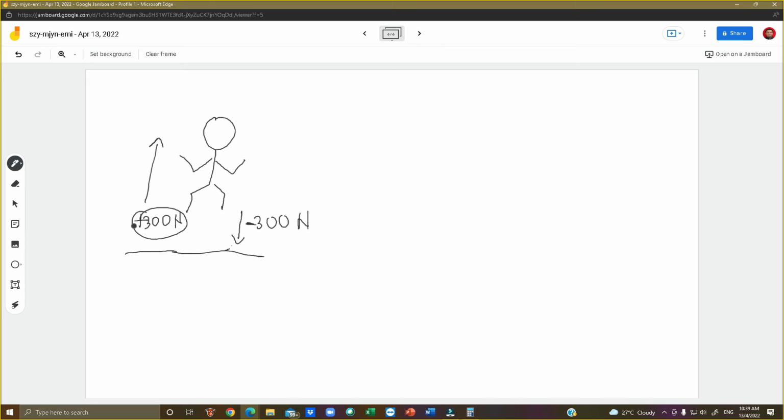We can see the mamat lompat tinggi. So if the same mamat give only 10 Newton ke lantai, ini je lah jarak dia. So 10 Newton being given, 10 Newton being received. 300 Newton being given, 300 Newton being received.